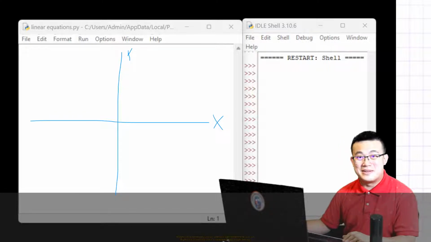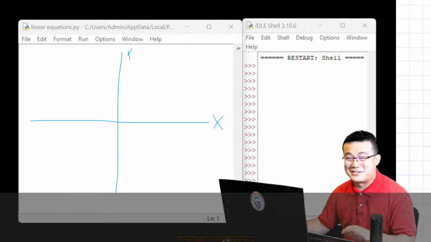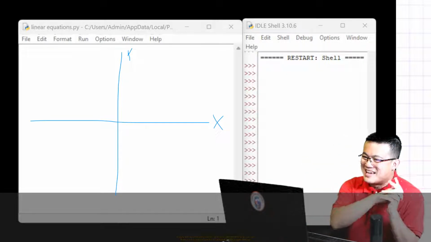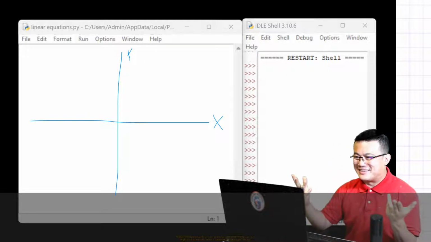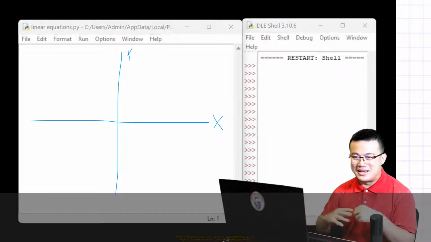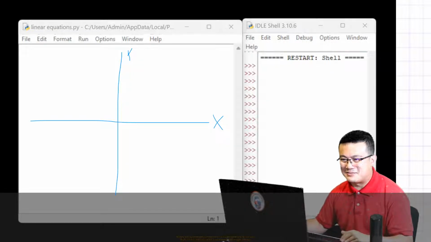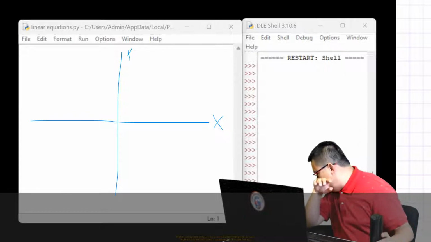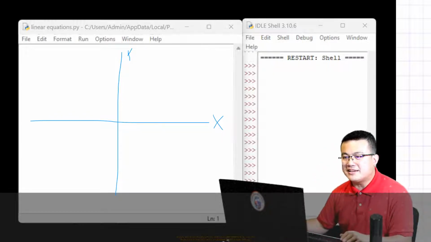Fantastic. We already have people that know it. That's really good, because I was very afraid that I'd have to explain everything from the beginning, but it looks like I can skip a little bit. So a line can be described like this.